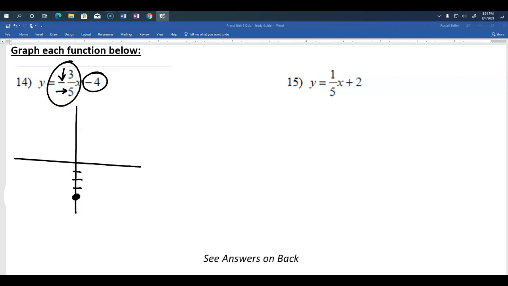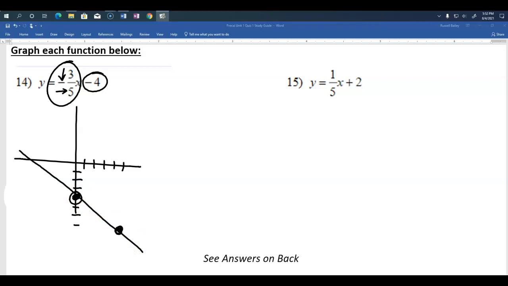So now if that was a positive 3, a positive fraction, we would go up and right instead. But since it's a negative fraction, we're going to go down and right. And we start from this point here. So starting from that point, we're going to go down 3 and over 5. So down 3 over 5 would put me right about here. And then you go ahead and sketch your line.